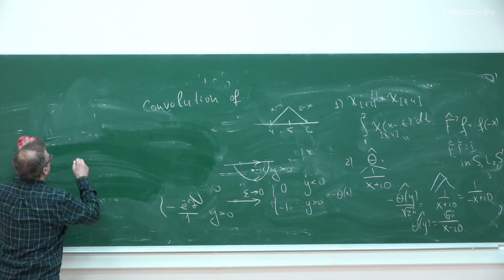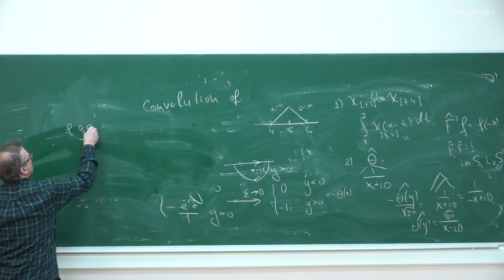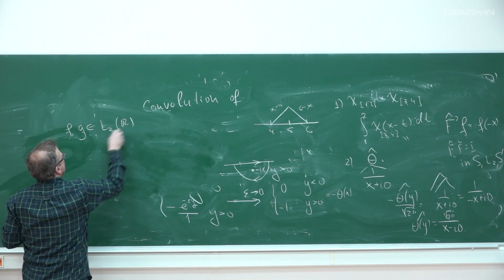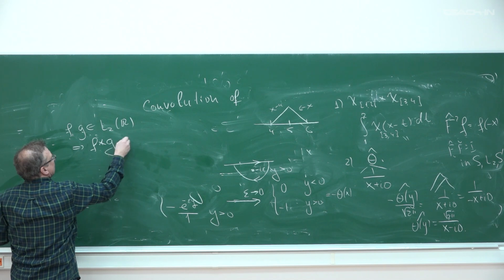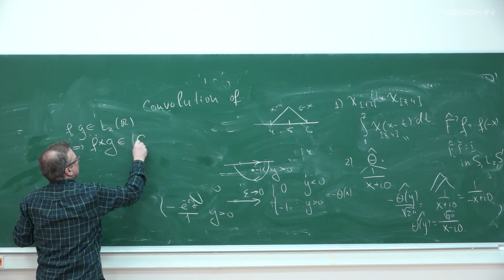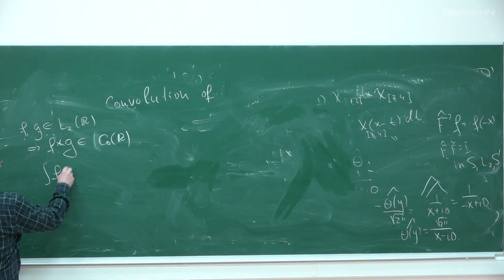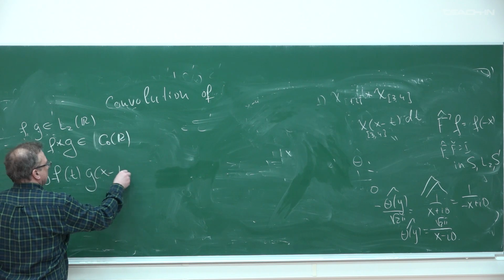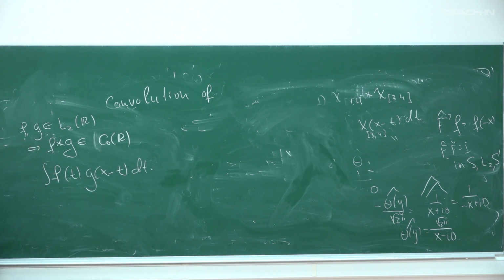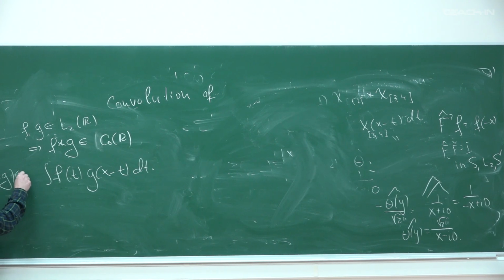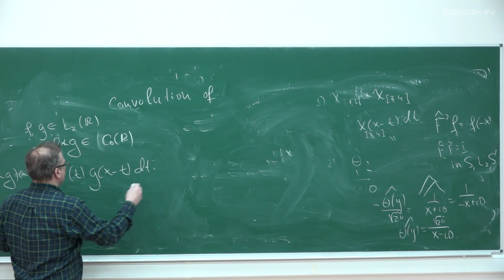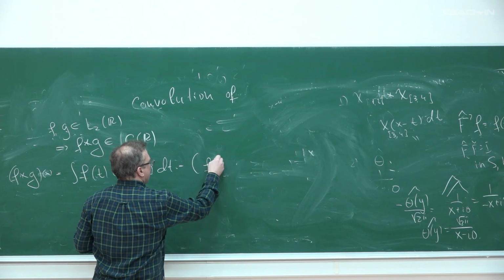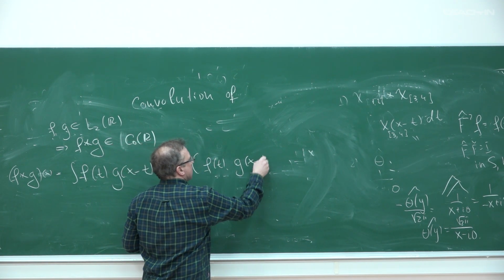So, the third problem: prove that if f and g are in L2(R), then the convolution depends on x, but you can consider it as a scalar product of f(t) and g(x minus t).